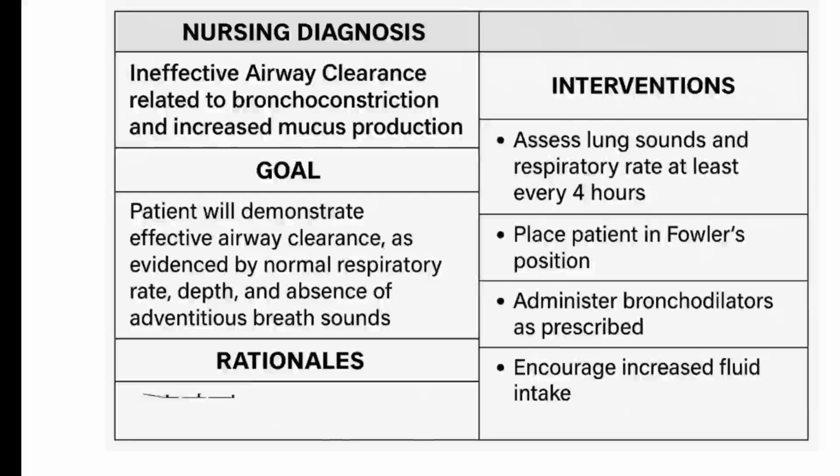So that we can write. For all these diagnoses, the interventions are quite the same: ineffective airway clearance, impaired breathing pattern or tissue perfusion. The interventions are near about the same.